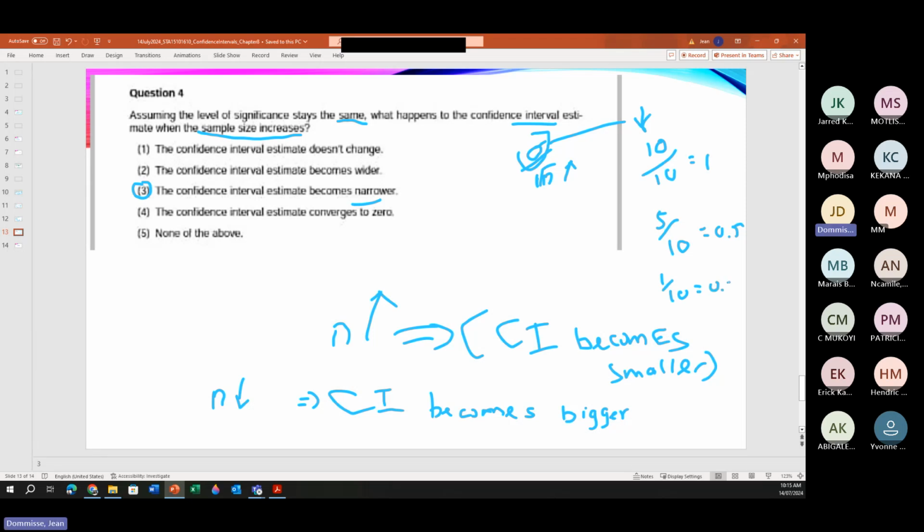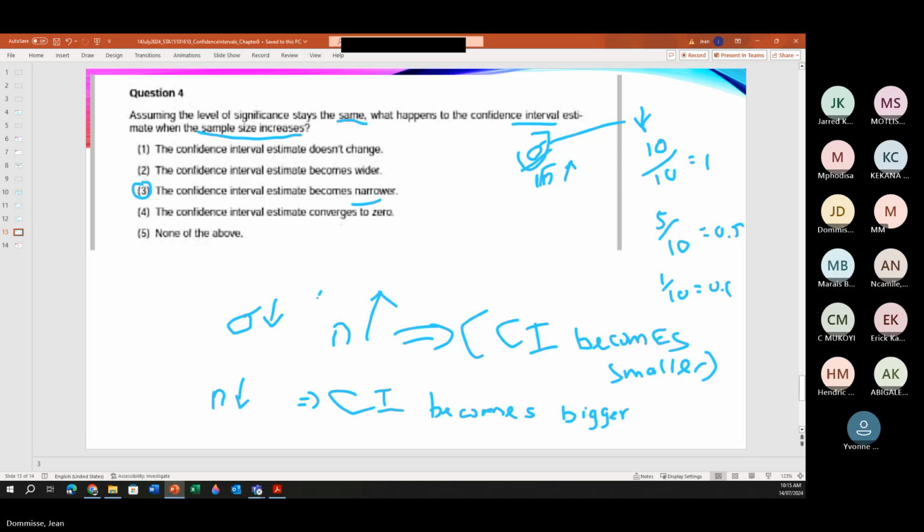So there's two things that can happen. If your n becomes bigger, your confidence interval becomes smaller, but also if your standard deviation becomes smaller.